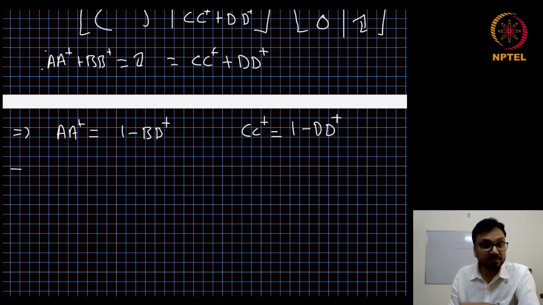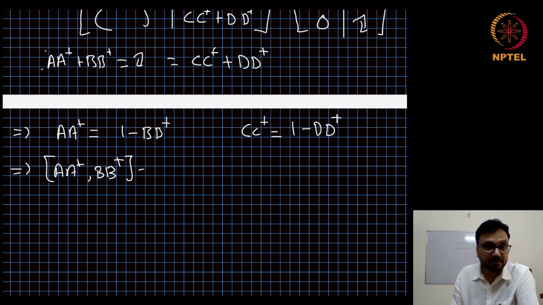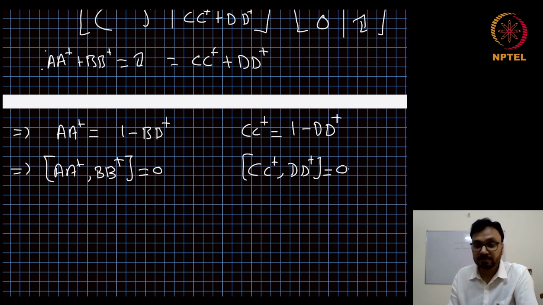So it means A A dagger commutes with B B dagger. Similarly, C C dagger commutes with D D dagger. If two operators commute, then there must be a common unitary which can diagonalize both of them.